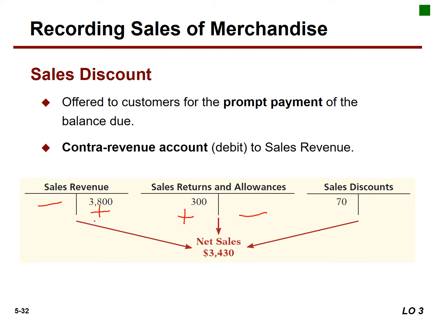Remember, when Salk Stereo paid the balance that was owed less the 2% discount, that amount of that discount was $70. So our sales discount account has these rules of debit and credit: increase on the debit, decrease on the credit. So the real amount of the sales revenue is the $3,800 in sales minus the $300 in sales returns and allowances and minus the $70 discount. So the real amount of the sales, net sales, is $3,430.